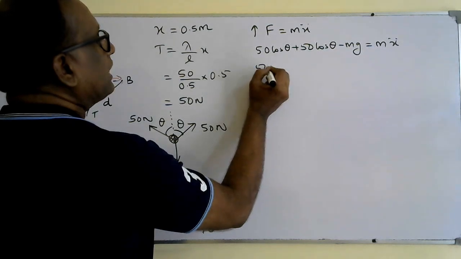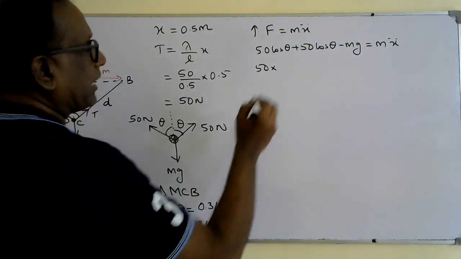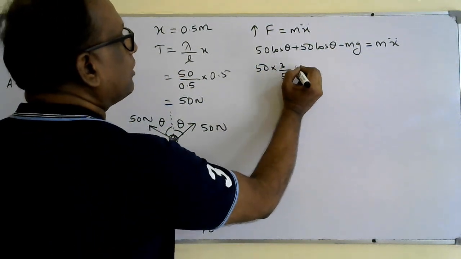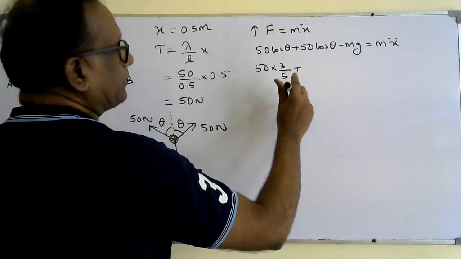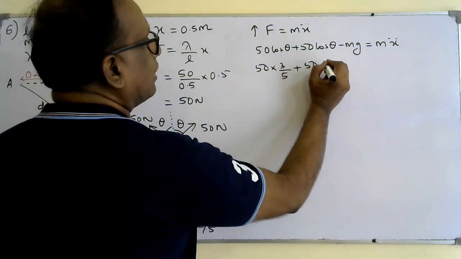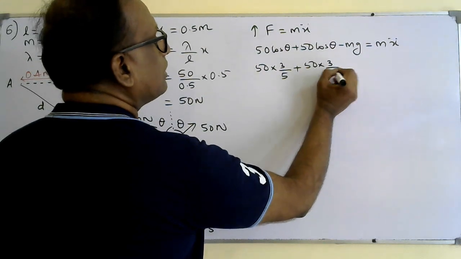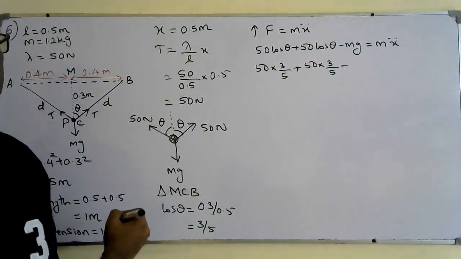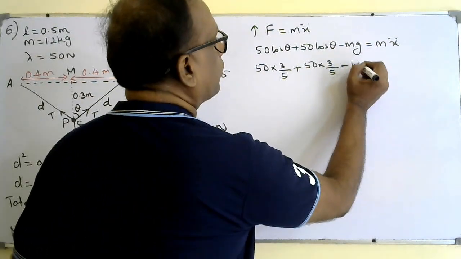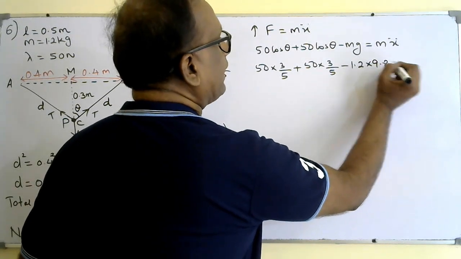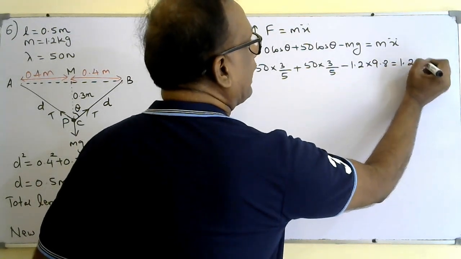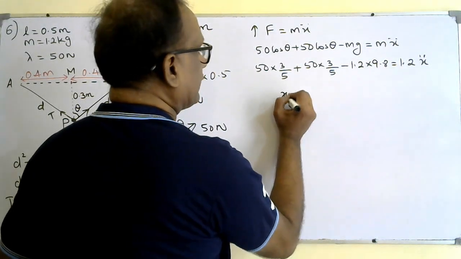So that is 50 into cos theta, 3 by 5, plus, or I can multiply by 2. Anyway, I write it for 3 by 5 minus mg. The mass is given, 1.2 kilograms. So 1.2 into 9.8 equal 1.2 x double dot. Solve it, you will get the x double dot.